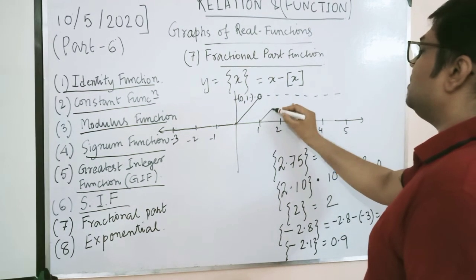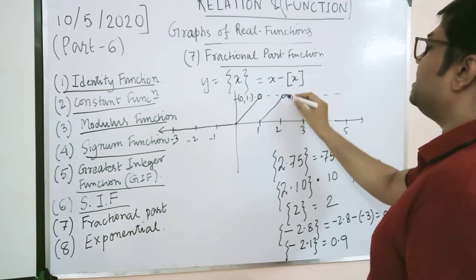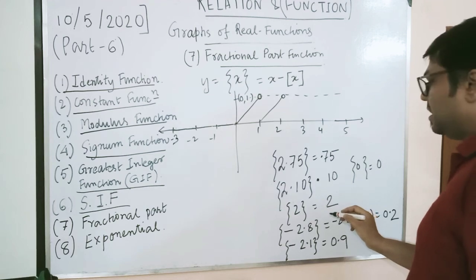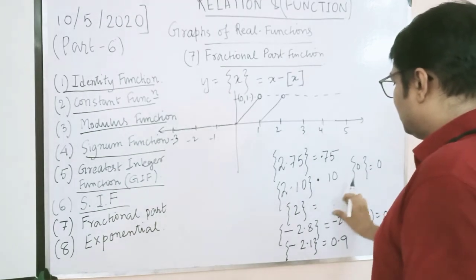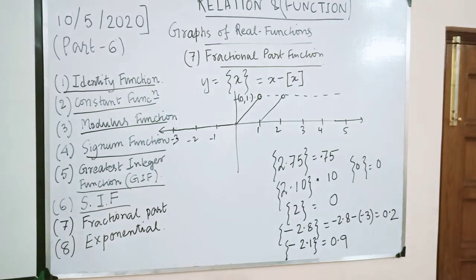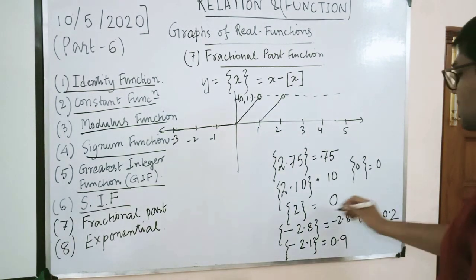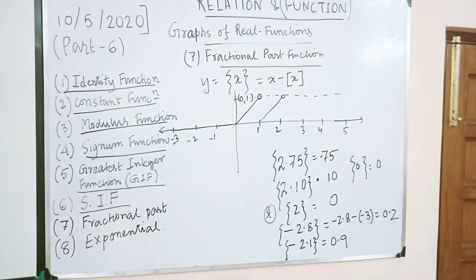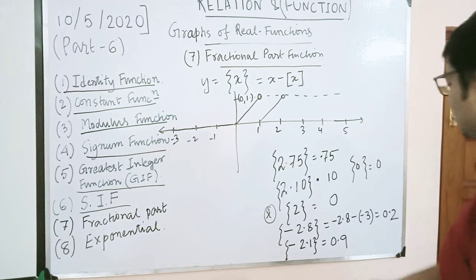So this also, the value 2 it cannot take, because if it is 2 it becomes 0. So please mind it. I wrote it wrongly actually.